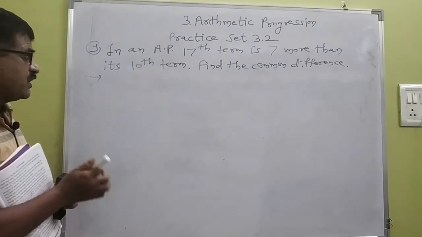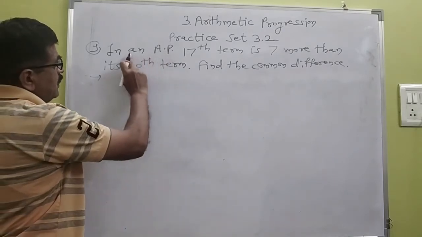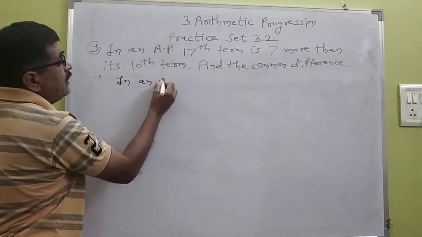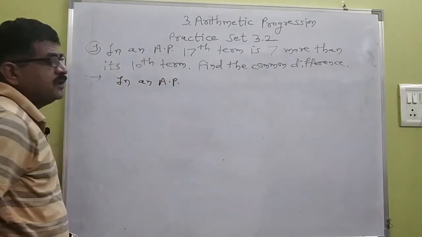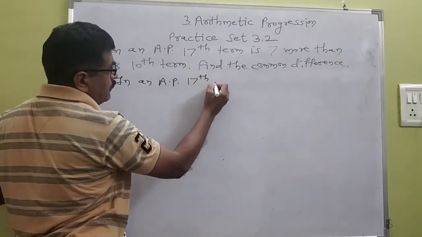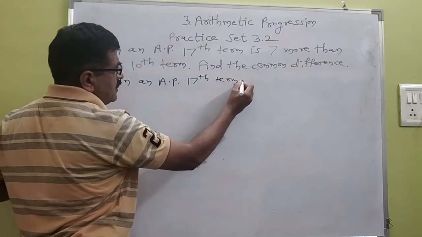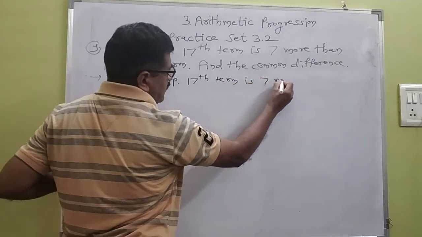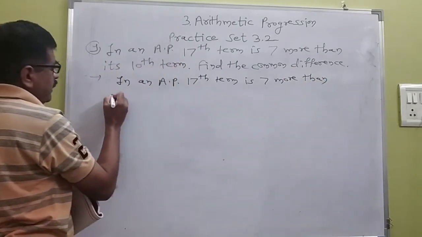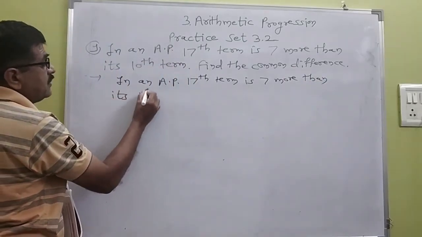Now first write down the given. In an AP, the 17th term is 7 more than its 10th term.